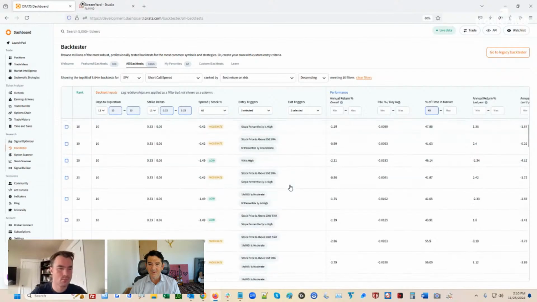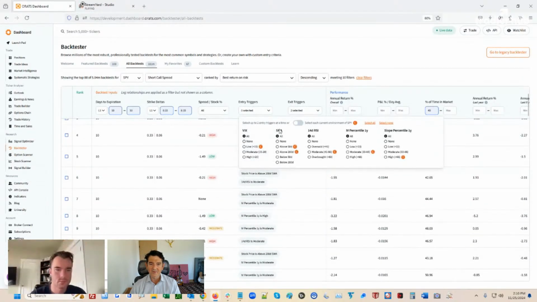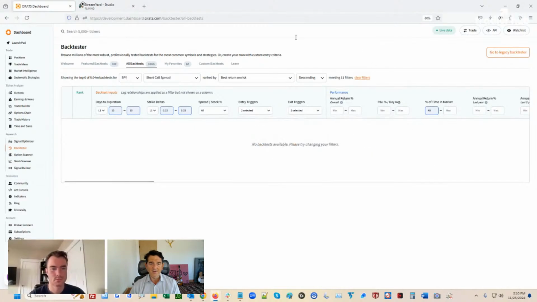So what we could do, Tyler, is just look at these when the price is above the 200 SMA and when the VIX is low. It's actually gone into moderate. So let's just look at those two.